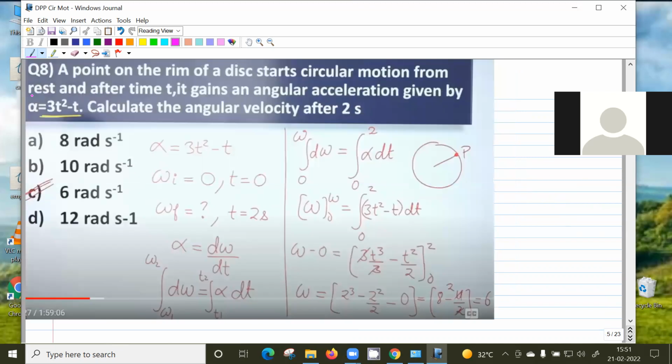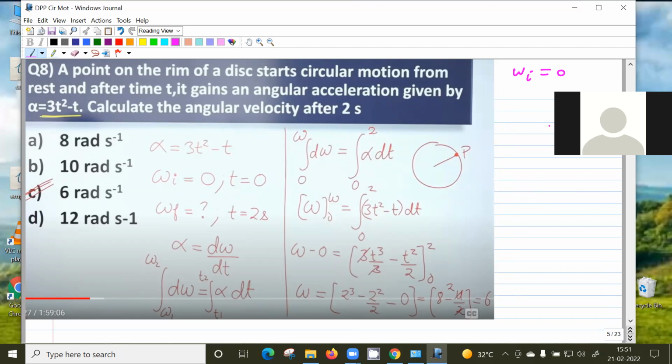This one, the point on the rim of a disk starts circular motion from rest, and after time t, it gains an angular acceleration given by the expression. Calculate the angular velocity. Okay, this is a basic mathematical question. Starting circular motion from rest means omega initial is 0.